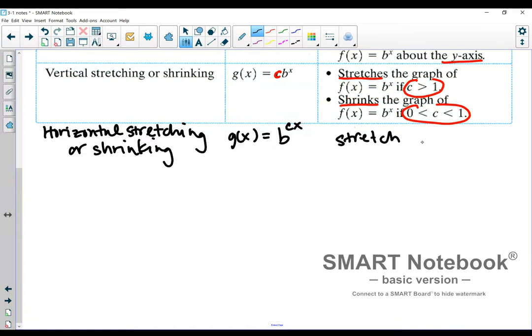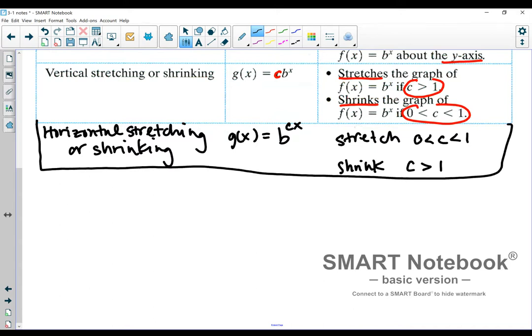So this time we're going to stretch if it's between 0 and 1, and we're going to shrink if it's greater than 1. So remember, it's always doing the inverse. So if I have a 2x, I'm really dividing by 2. If I have a 1/2 x, I'm really multiplying by 2. So it goes right along with that pattern where x's kind of always do the opposite of what we think.